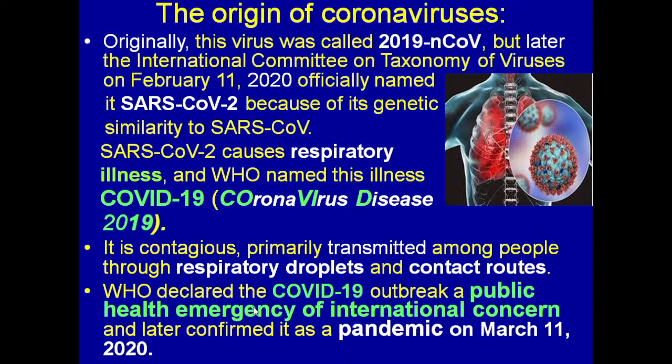And now we think it can be spread also through food ingestion. And WHO declared the COVID outbreak a public health emergency of international concern and later confirmed it as a pandemic on March 11, 2020, my dears. That's exactly when we went into quarantine. First time in March.